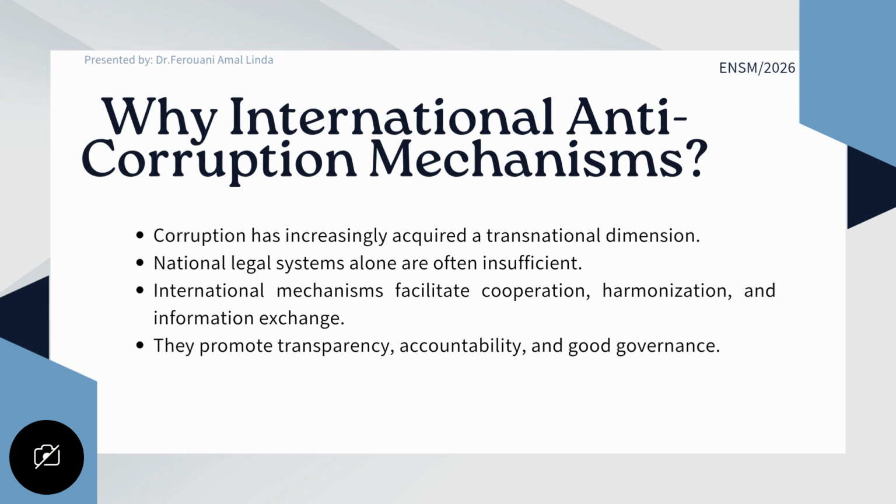As a result, international anti-corruption mechanisms have emerged to facilitate cooperation among states, to promote harmonization of legal frameworks, and to strengthen transparency, accountability, and good governance. These mechanisms also contribute to the exchange of information and best practices in the fight against corruption. The international effort has gradually led to the establishment of various forms of cooperation, which will be examined in the following section.